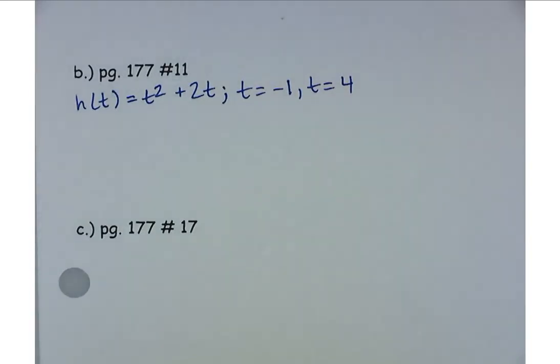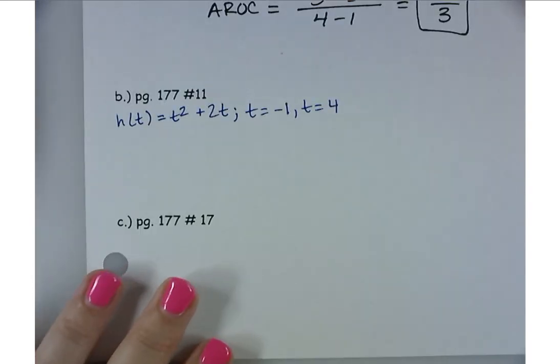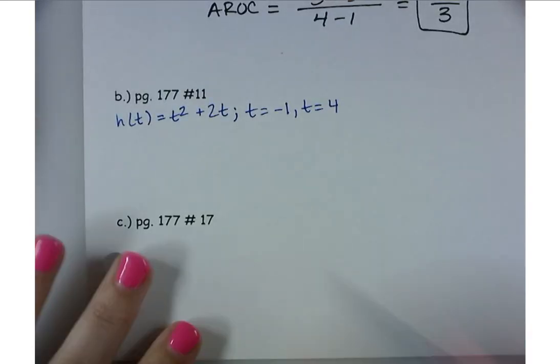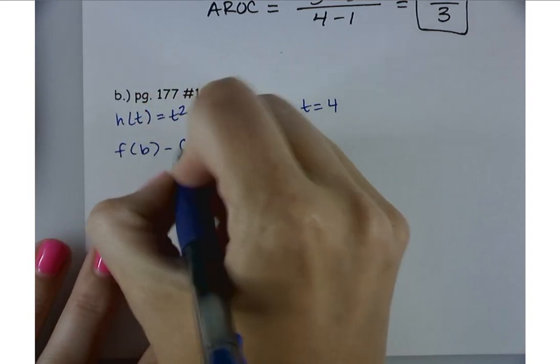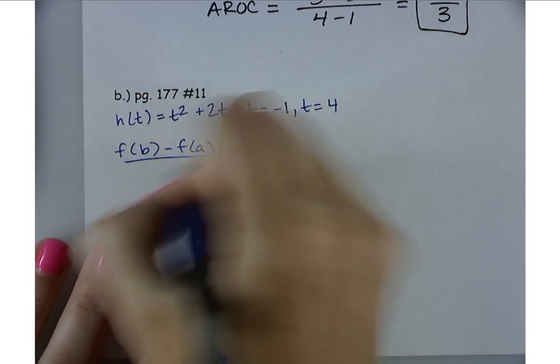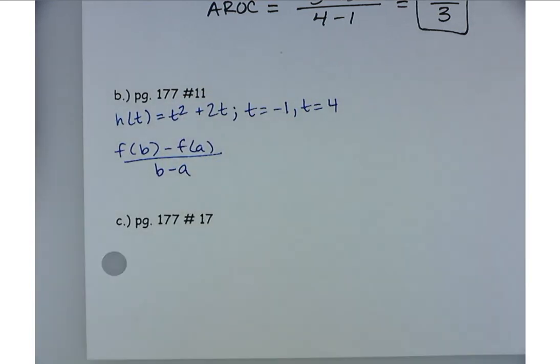Okay, so this is how I'm going to show you that we're going to use our formula. Our formula is technically your f of b minus your f of a over b minus a. Your a value is simply what's given first. Your b value is what is given second.